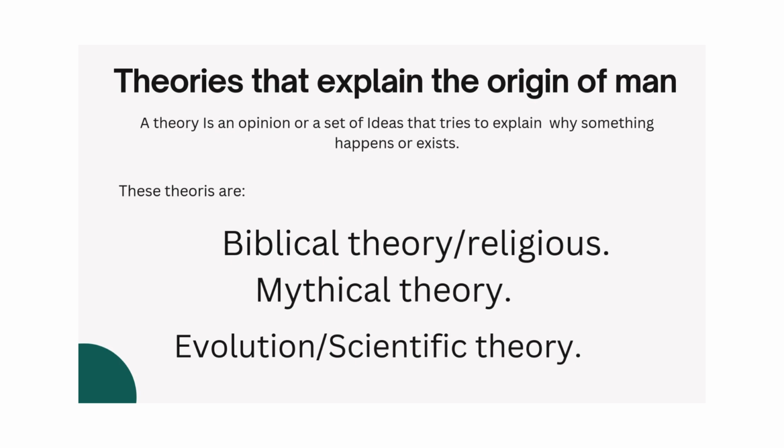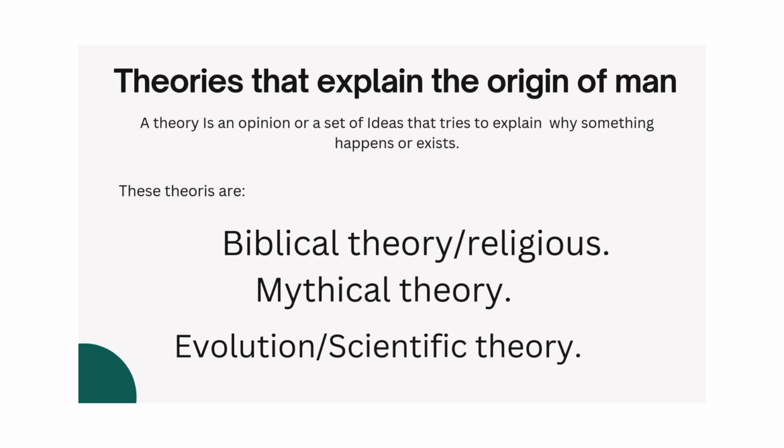These first human beings were Adam and Eve. After creating them, he placed them in the Garden of Eden, where he told them to do what? To till, cultivate it, to multiply and fill the earth. So they multiplied and filled the earth. That is the biblical or religious theory.